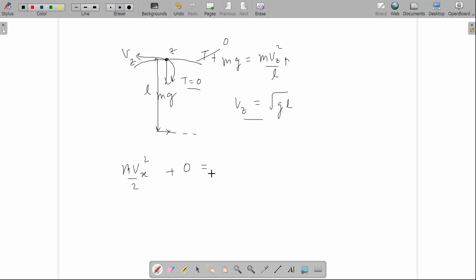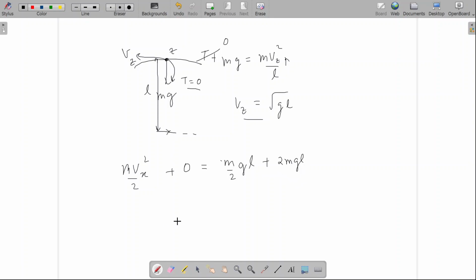So the energy at the bottommost point: m vx squared by 2 plus the potential energy at that level, which is 0, is equal to the kinetic energy at the highest point, m vz squared by 2, which would be m by 2 gL, plus the potential energy of the particle at the highest point, that is 2mgL.